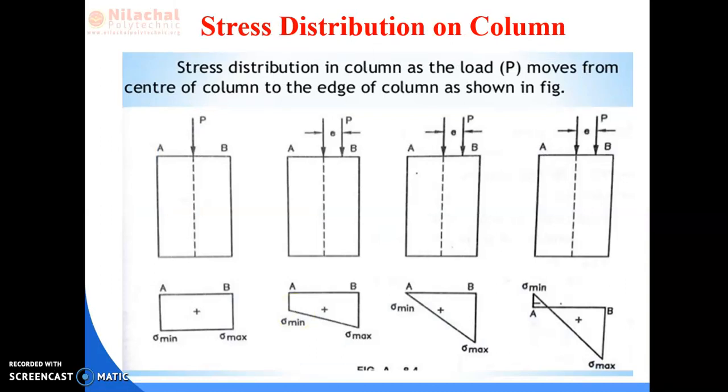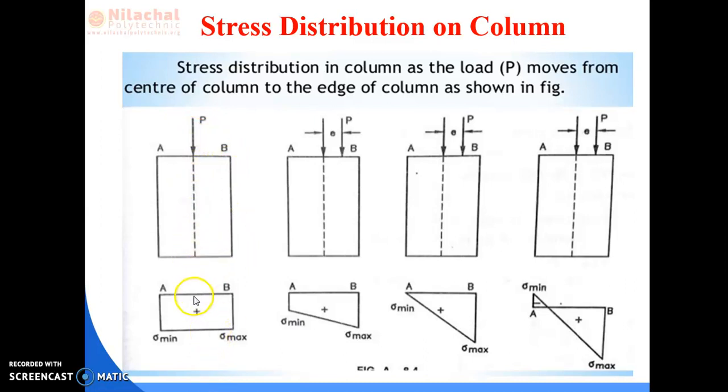Now we come to the stress distribution figure of the column. In the first figure we have a column, and the load is applied along the axial direction.